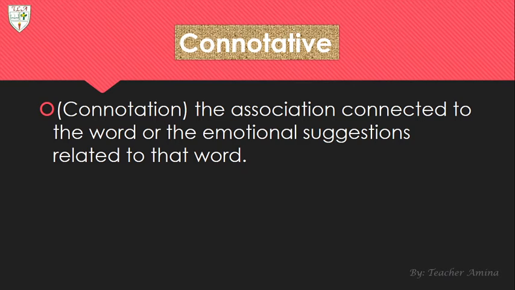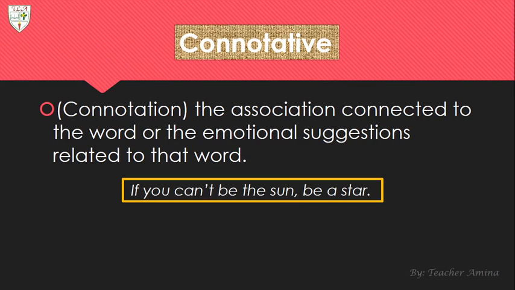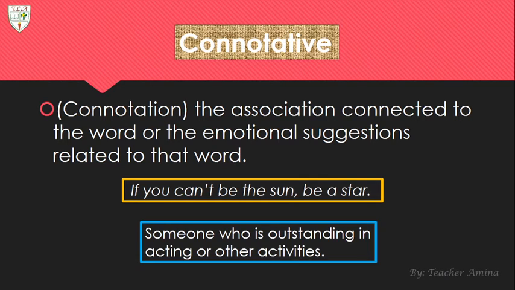An emotion is attached on that word. So, for example, this comes from the poem as well. The line, if you can't be the sun, be a star. So what is the meaning of the star if it's connotative? It means someone who is outstanding in acting or other activities.